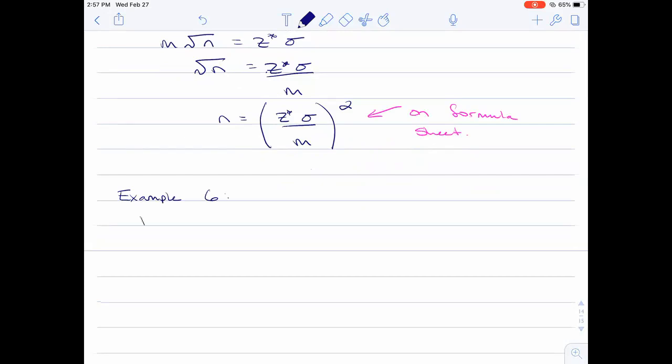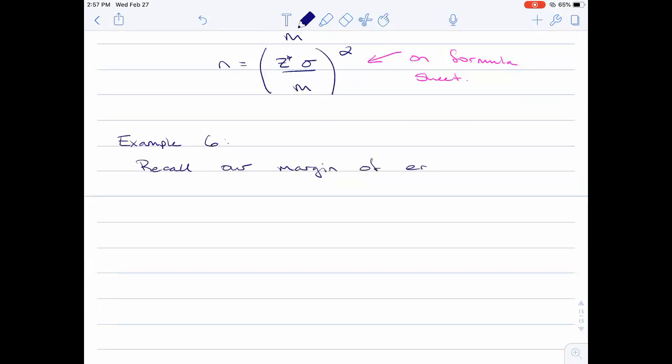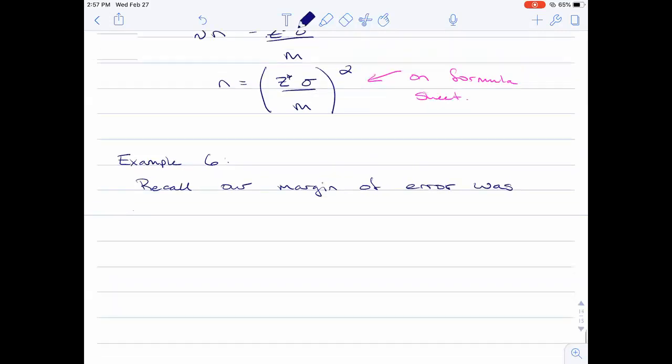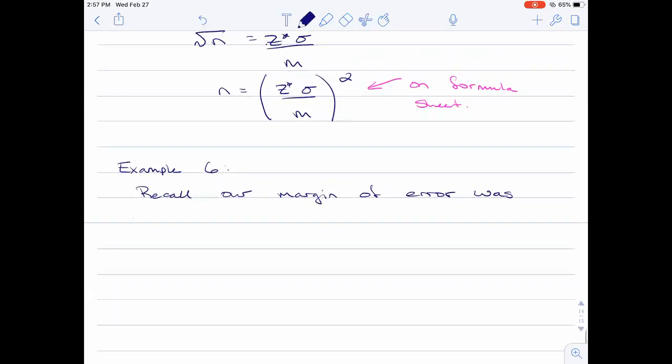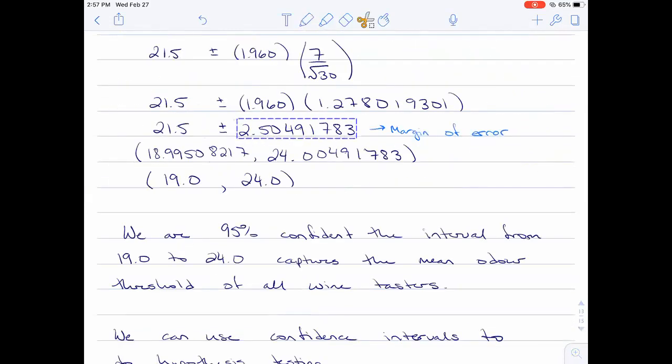Recall our margin of error was, I wonder if it's still, no. I'm going to steal it so I don't have to memorize it.